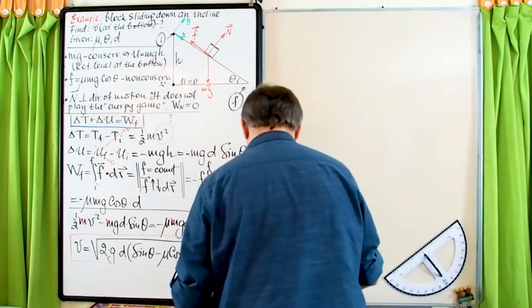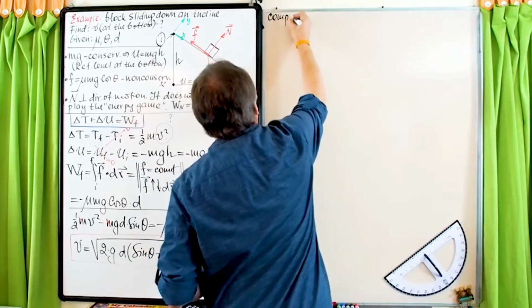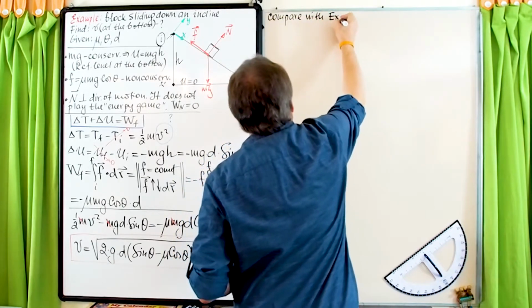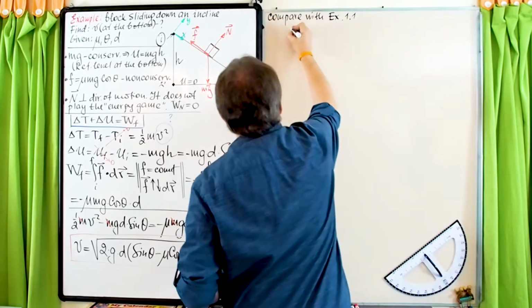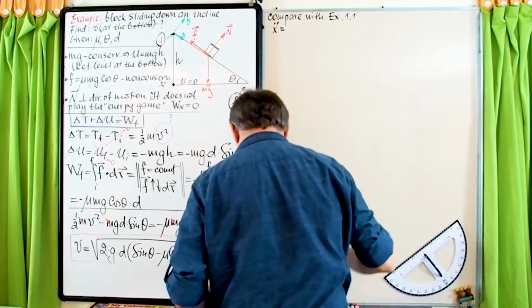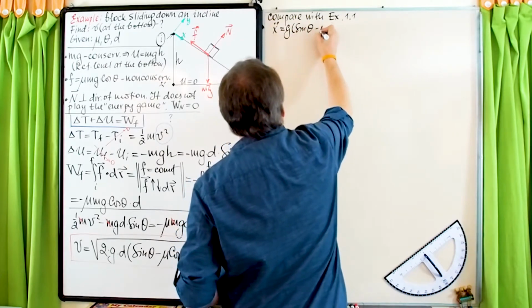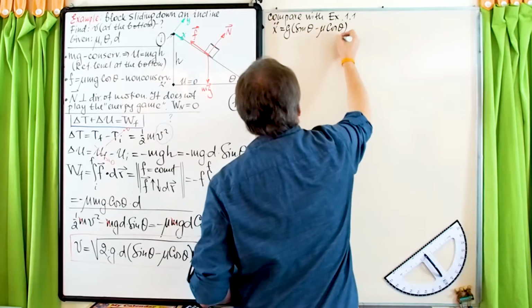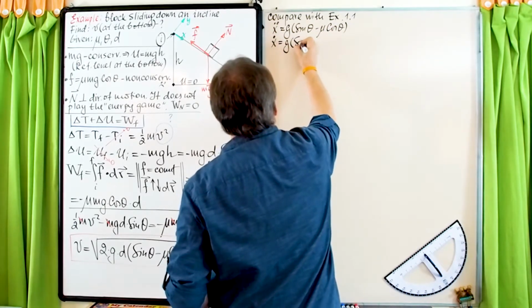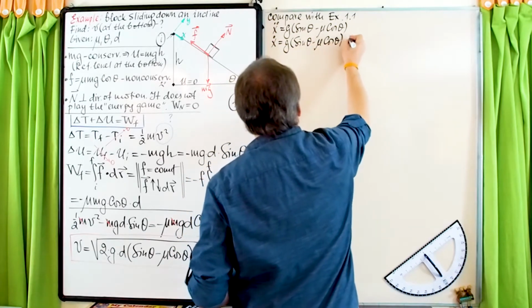All right, so compare with example 1.1. There we derived x double dot equals g sine theta minus mu cosine theta, and of course if you integrate it once you will get velocity: g times sine theta minus mu cosine theta times t.